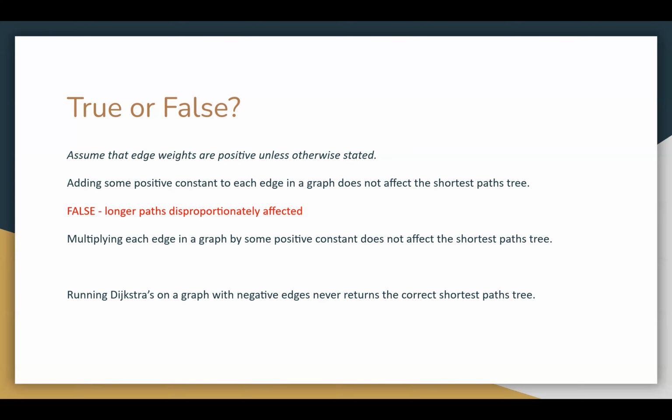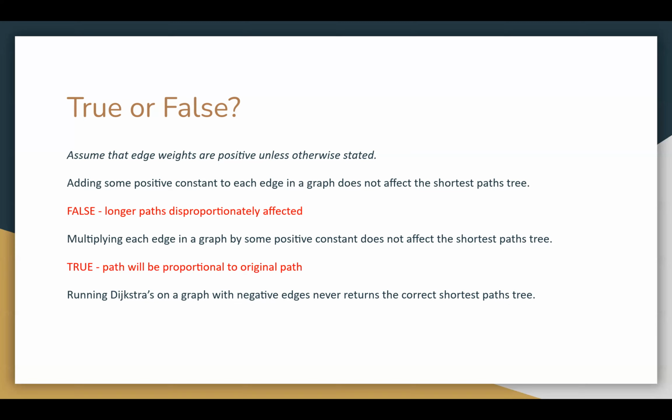All right, so now let's look at our second statement. Multiplying each edge in a graph by some positive constant does not affect the shortest paths tree. This statement is true. Why is it true? Let's say that our shortest path has weight W0, and we number all other possible longer paths in our graph to be W1, W2 through Wi, and we multiply each edge by some positive constant k.